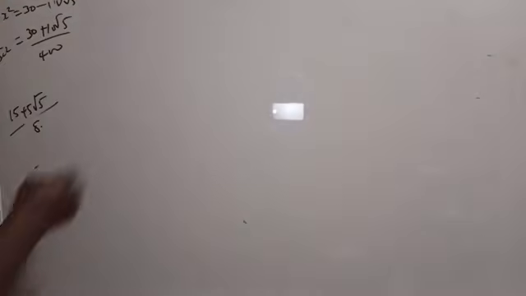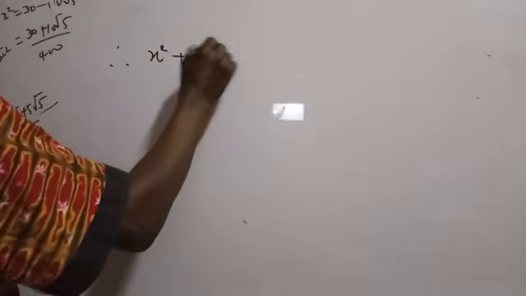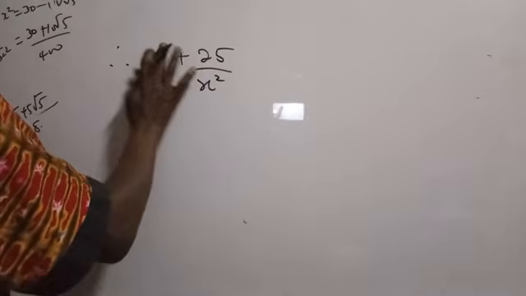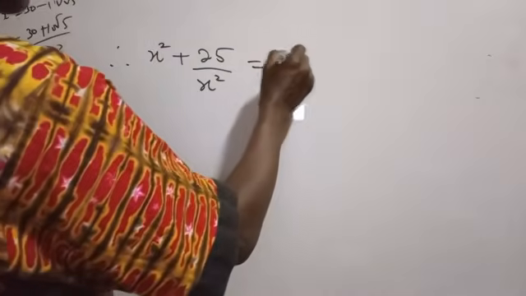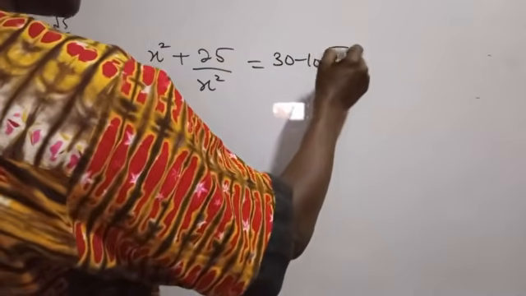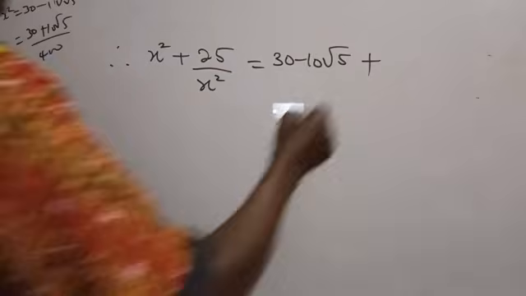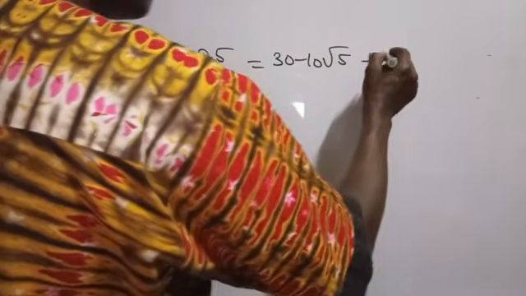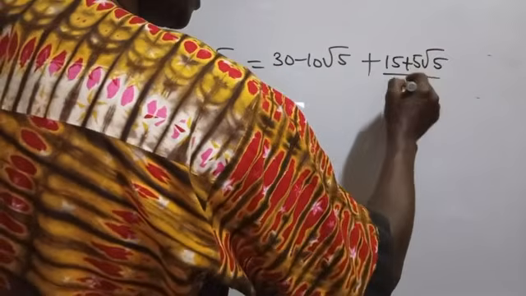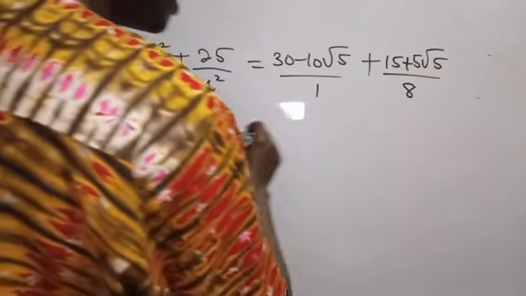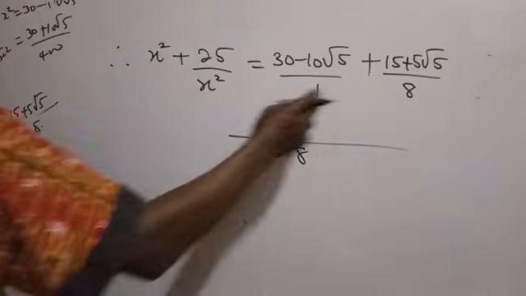Therefore, x squared plus 25 all over s squared, okay, will now be equal to, our s squared is what, 30 minus 10 root 5, then plus 25 over s squared. Now we have gotten that to be 15 plus 5 root 5 all over 8. So we simply find the LCM. So the LCM will be 8, because 1 times 8 is 8.